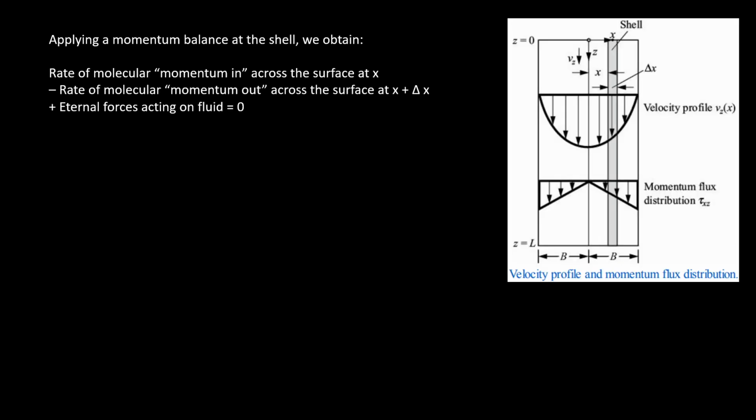Applying momentum balance at the shell, we obtain: rate of molecular momentum in across the surface at x, minus rate of molecular momentum out across the surface at x plus delta x, plus external force acting on the fluid.